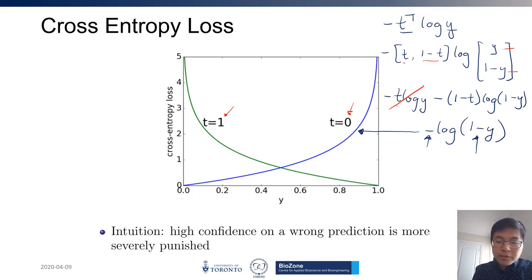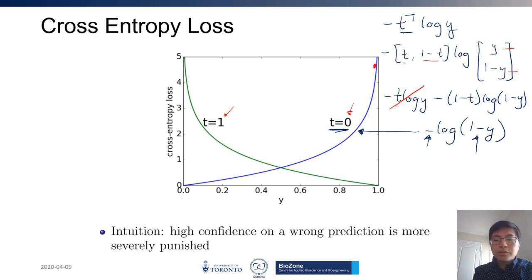If your model prediction is 1 or very close to 1, when your actual label should be t equals 0, that means your model is very wrong, so your loss is very high. Your model is more severely punished for high confidence on a wrong prediction. If you weren't that confident, say somewhere around 0.6, then your loss is much lower, right? Exponentially lower.